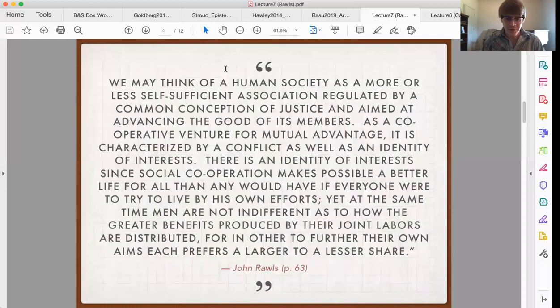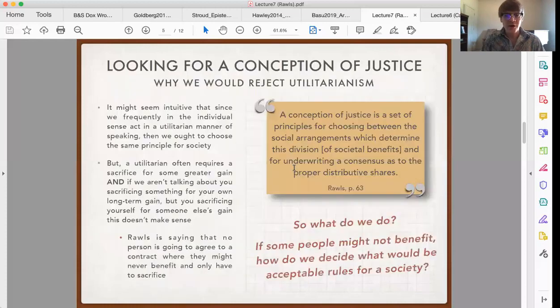Okay, and there's a quote from Rawls there. First of all, Rawls wants to reject utilitarianism. Recall, utilitarianism is the moral theory that says what is right and wrong is based on outcomes, and the best outcomes are the ones that optimize the good, where the good is understood as pleasure or hedonic welfare.